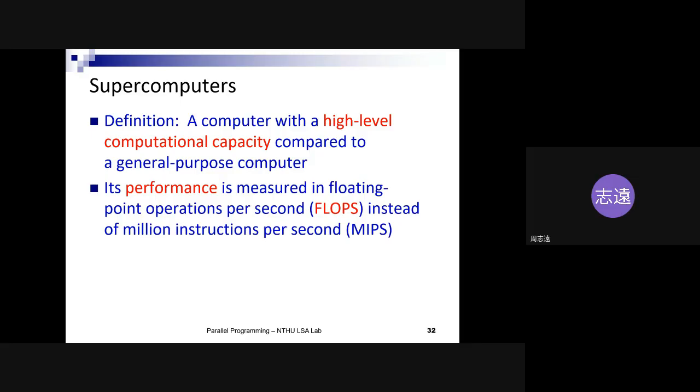Why do we use it instead of other performance metrics? Because the performance of applications that run on this type of computing system is usually determined by the flops, because those applications mostly involve floating point operations.